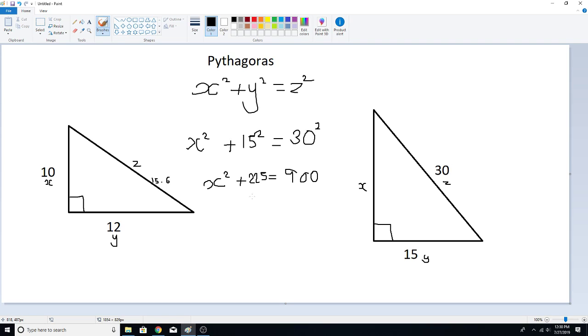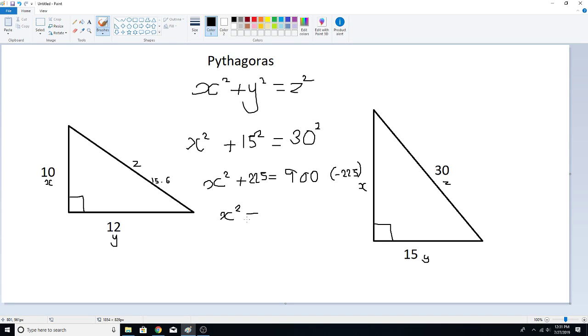So there we go. Now we want to find x, so we're going to have to rearrange this equation. If we minus 225, that'll be add 0 on this side. We won't put the 0 in because you don't need to.